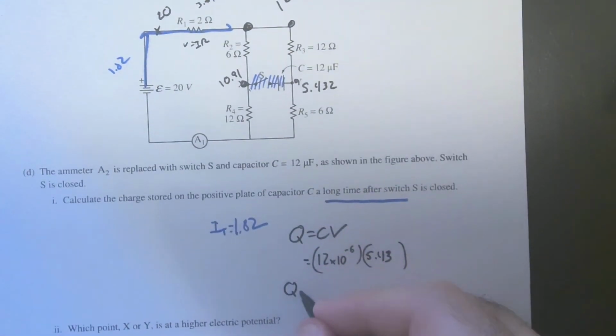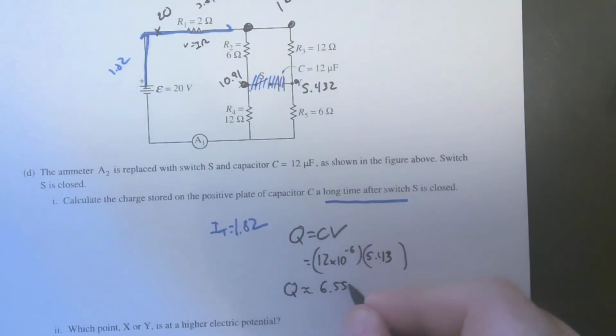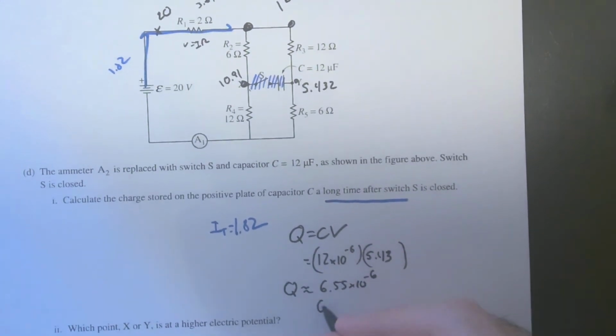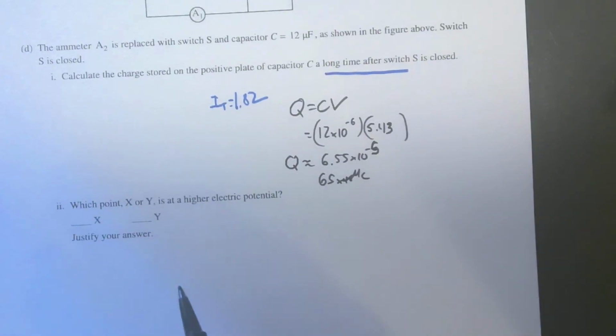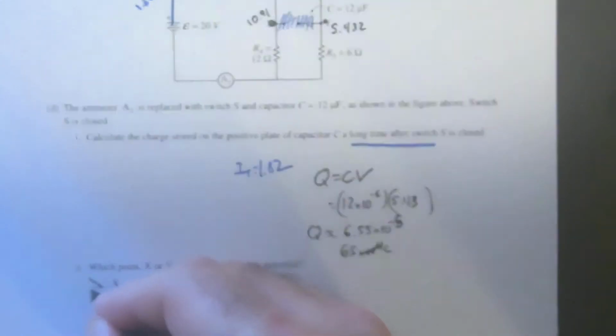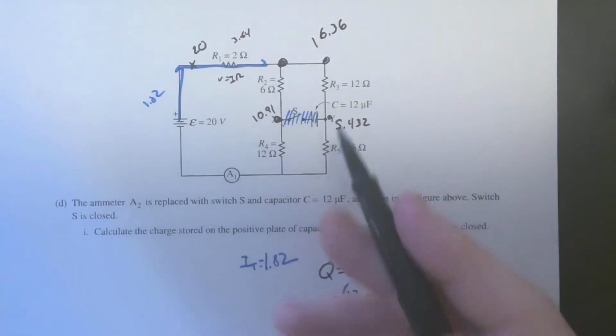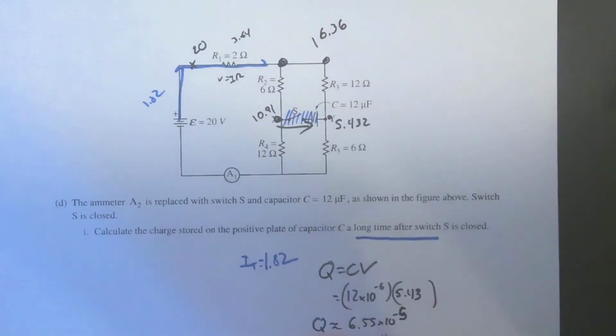And then with a charge of around 6.55 times 10 to the minus 6, they said it was 65 microcoulombs. Oh wait, 6.55 times 10 to the minus 5, I'm so sorry, which is 65 microcoulombs. And that makes the next one super easy. Which point, X or Y, is higher? Well, it's going to be X. Why? Because I found it to be 10.91. Also, electricity flows this way, obviously, and electricity flows from high to low voltage.